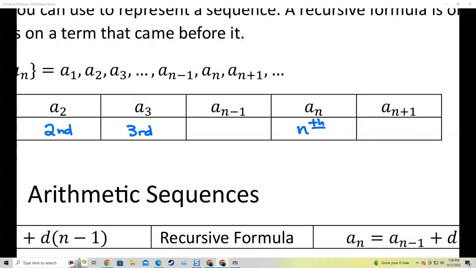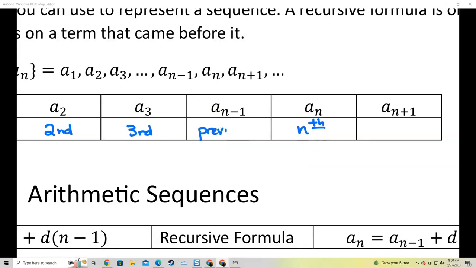Now, if this is my nth term, then this is one term before that, because it's like n minus 1, right? Imagine n on a number line. N minus 1 means you're taking a step back. So when I say the n minus 1th term, what I really mean is the previous term.